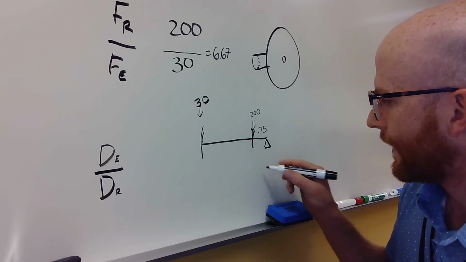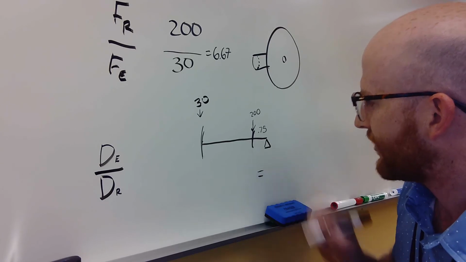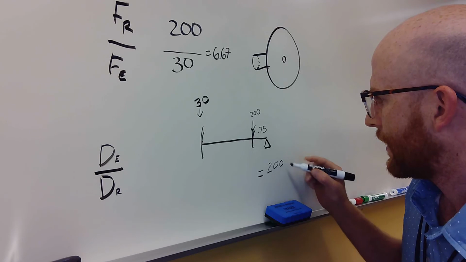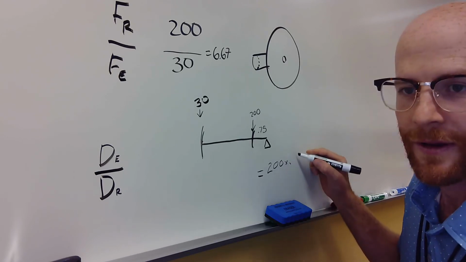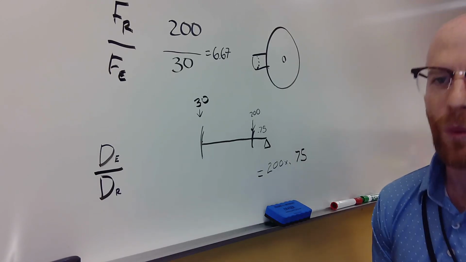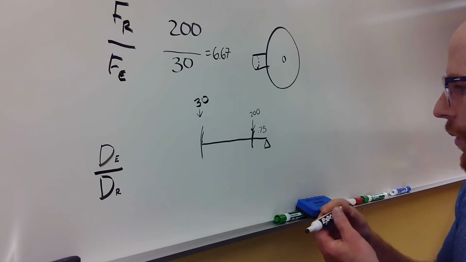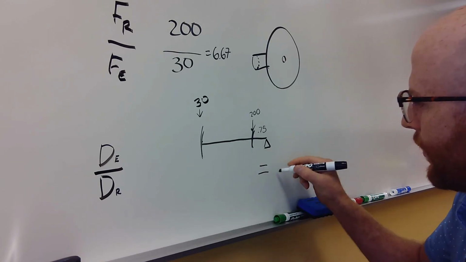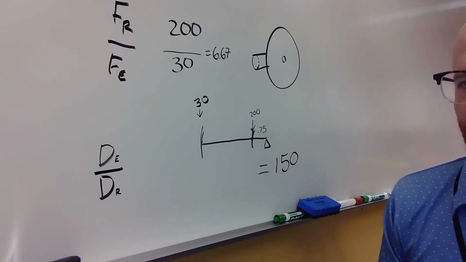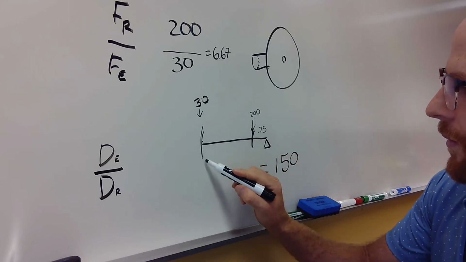On one side we have a resistance of 200 times 0.75, which is 150.